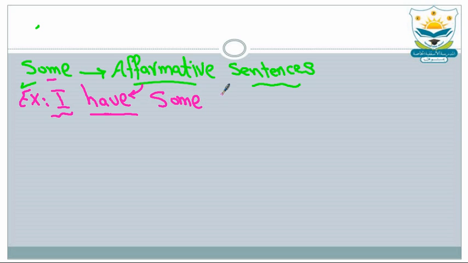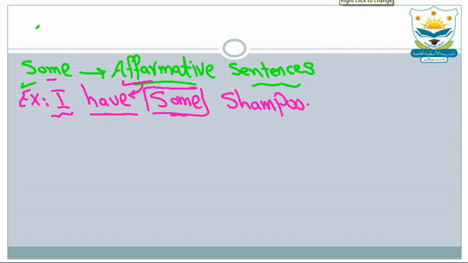I have some shampoo. It means I own some shampoo. What's the meaning of some? Some means some. Why should we use some not any? Because this sentence is affirmative. There isn't an apostrophe t.